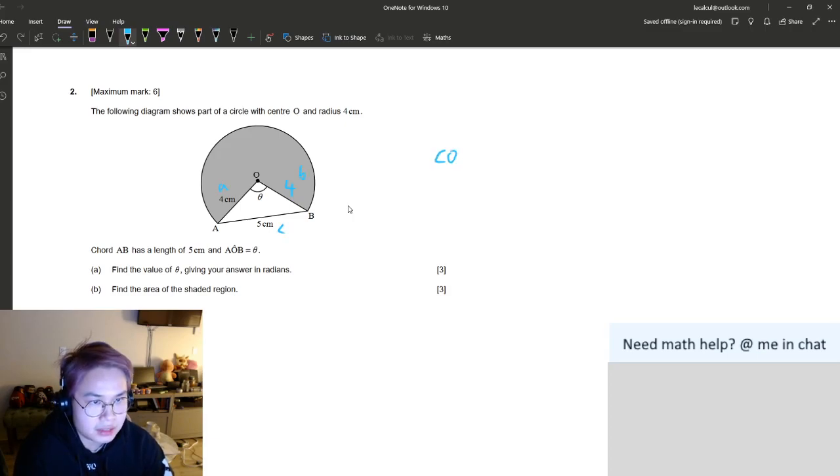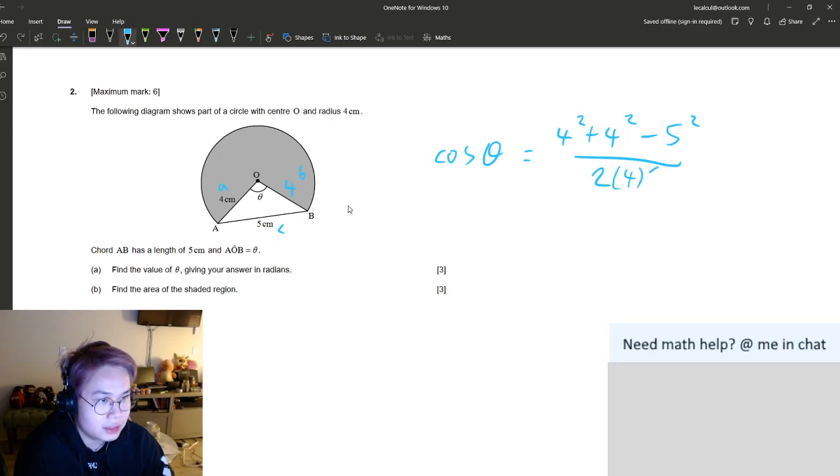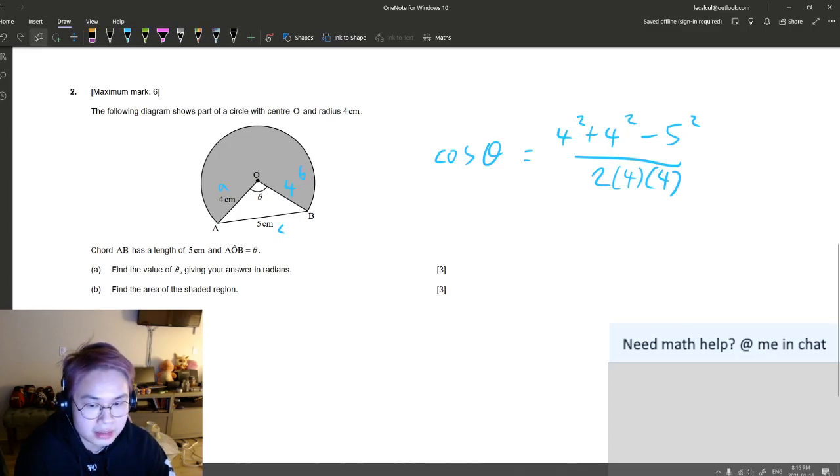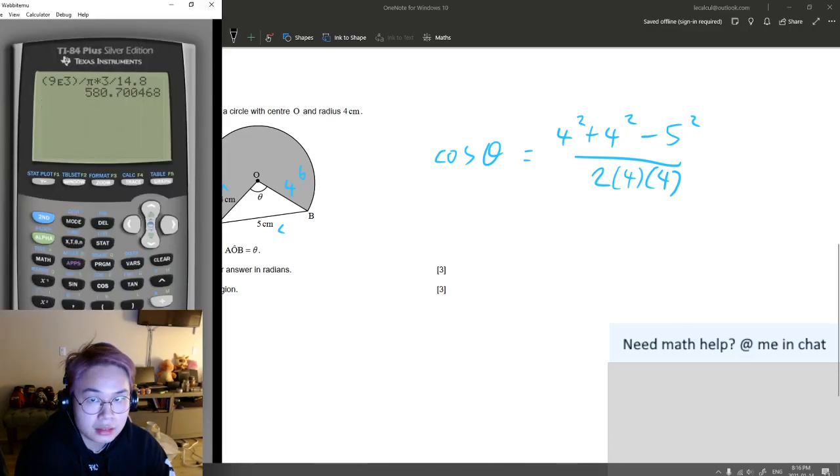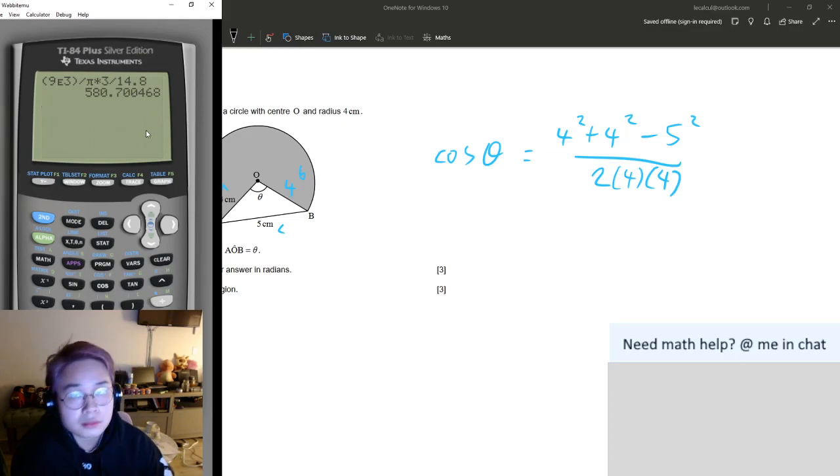So we have cosine theta is 4 squared plus 4 squared minus 5 squared divided by 2 times A times B, so 2 times 4 times 4. And of course we get this answer, and then we'll need to do the arccos of cosine to figure out what that is. So clear.